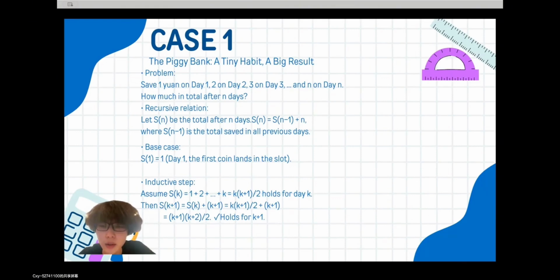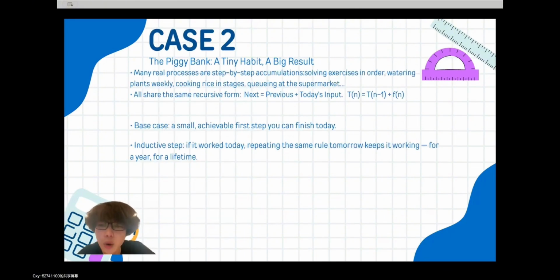We don't need to see the top of the mountain to start. We only need to know how to take the next step. When we look back at our 4 cases, the truth is simple. Order is everything. Skipping a day in the piggy bank or skipping a step in your study breaks the chain of growth.